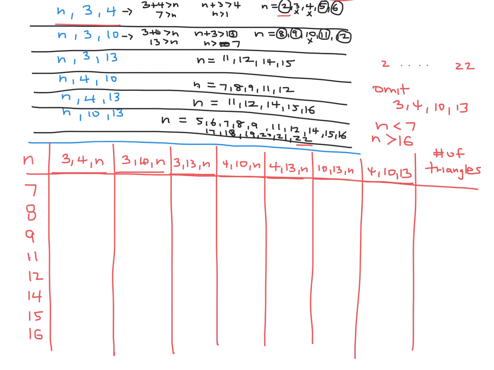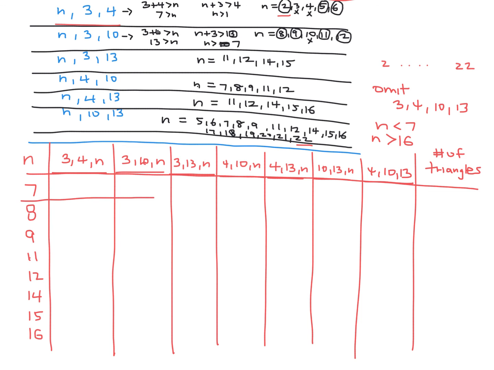You'll only get it to satisfy 2 of them, and we want 4. I encourage you to figure out why. If n was, let's say, 18, you wouldn't be able to make a triangle in a lot of these, except for maybe 2, and that's the maximum. So we want 4.